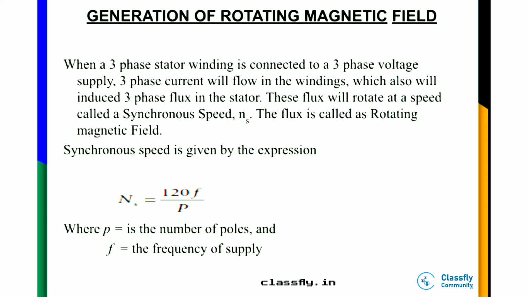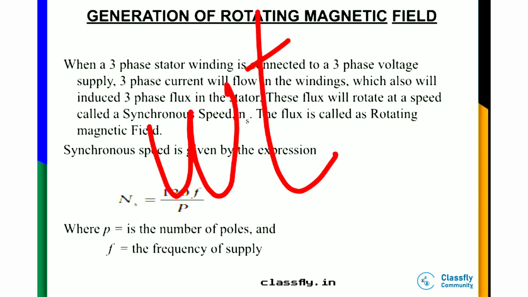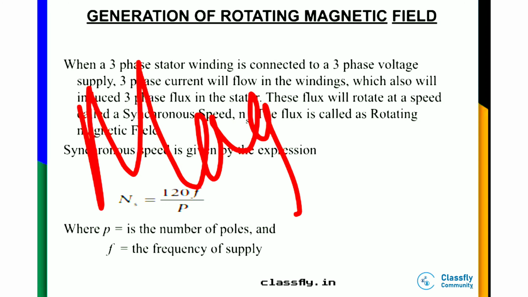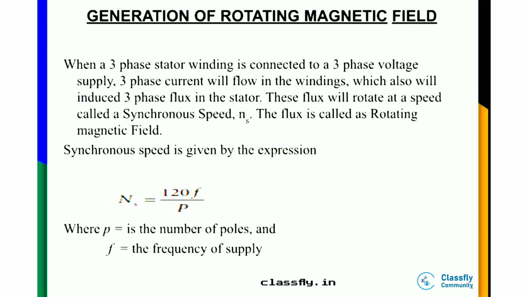So it says that whenever there is a rotating magnetic field, at any instant of omega t, the magnitude is the same, but your phase will be different.